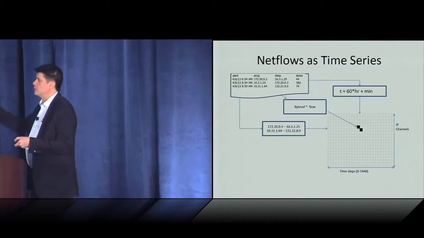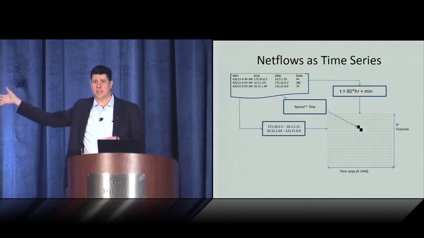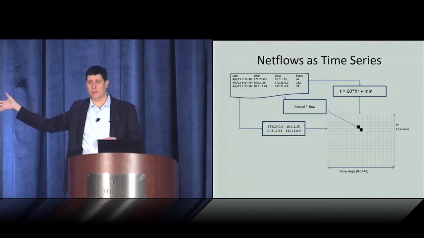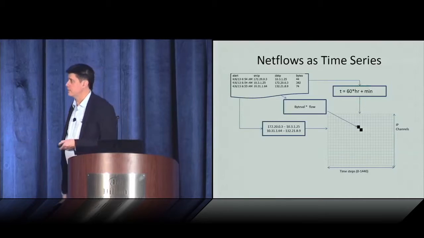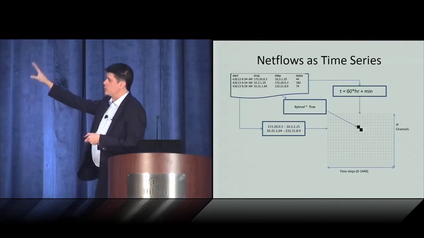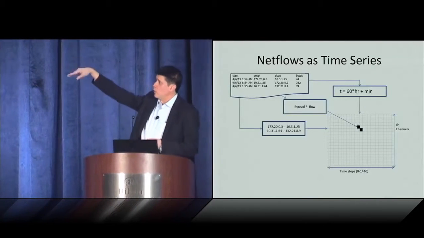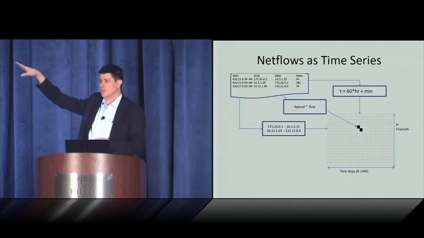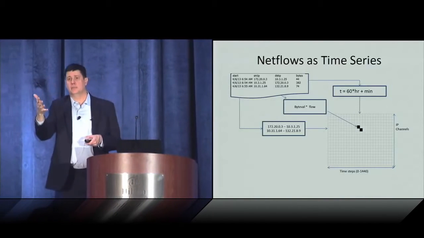So we looked at how to pose this Netflow problem, make these things into a matrix where we know there are a lot of cool things we can do with them, but also get past these initial fail conditions. So this is just the schematic. There will be no quiz on this later, I promise. Over here, you have your traditional Netflow idea. What we did is we thought of the rows as a channel.